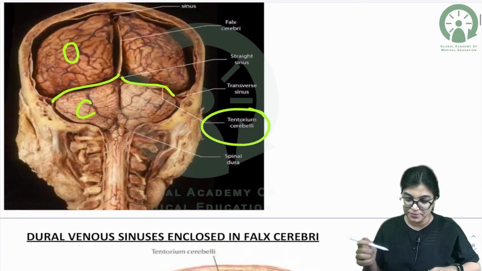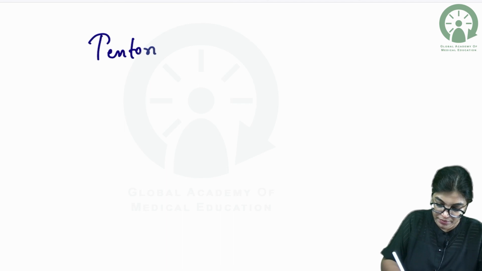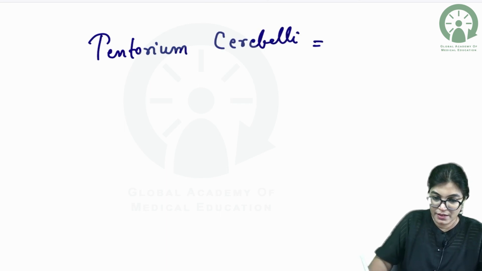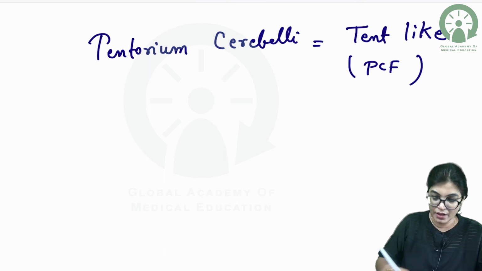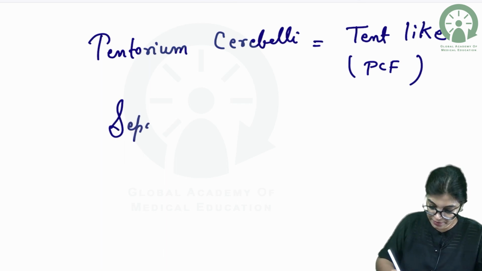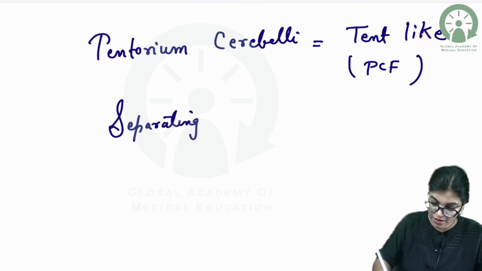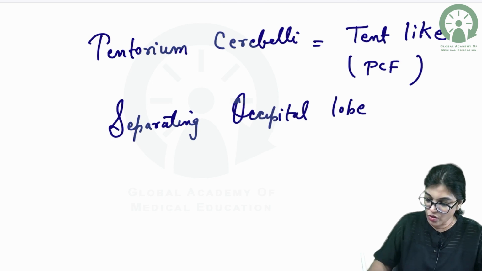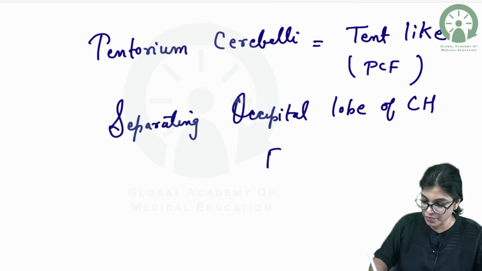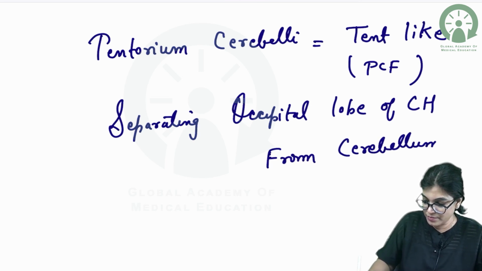So write down that. Tentorium cerebelli is tent-like, located in the posterior cranial fossa, separating the occipital lobe of the cerebral hemisphere from the cerebellum.